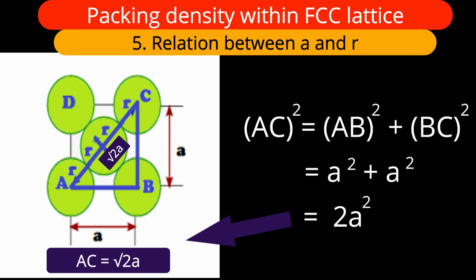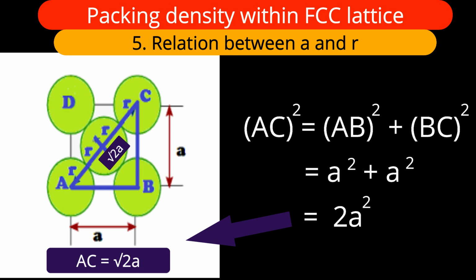A, the central atom, and C. You can easily understand ABC is a right angle triangle. And what is AB or BC or CD or AD? It is the unit cell parameter. It is a side of the cube, and we represent it by small a.